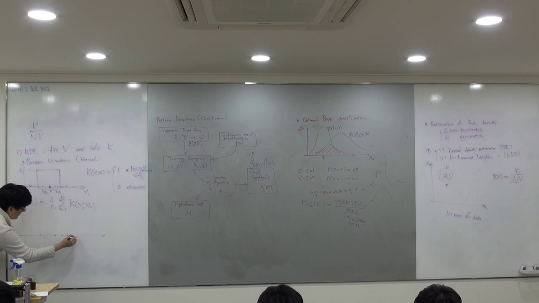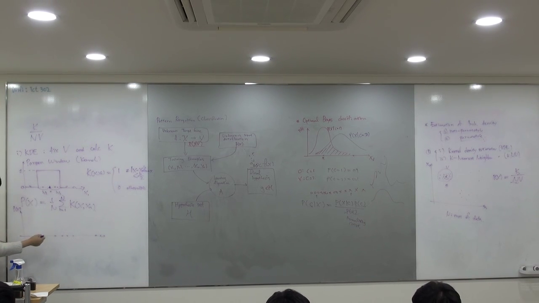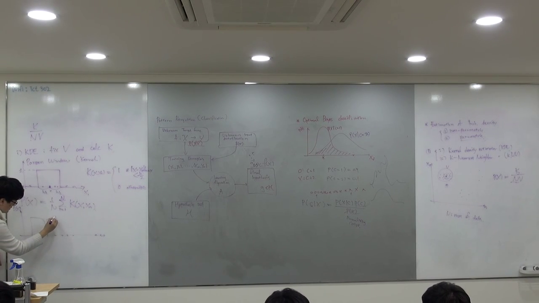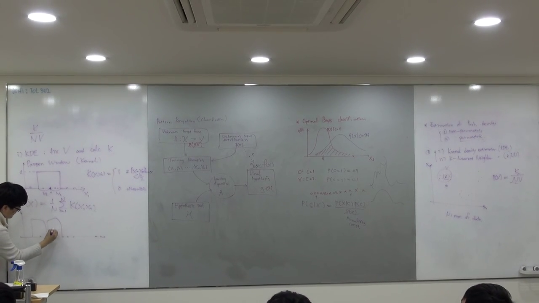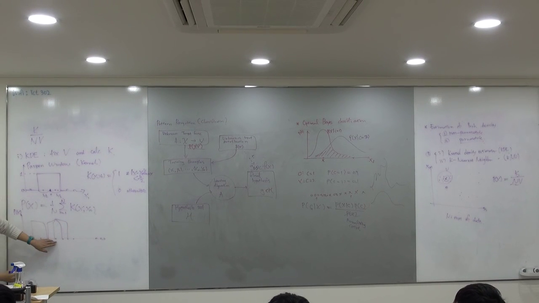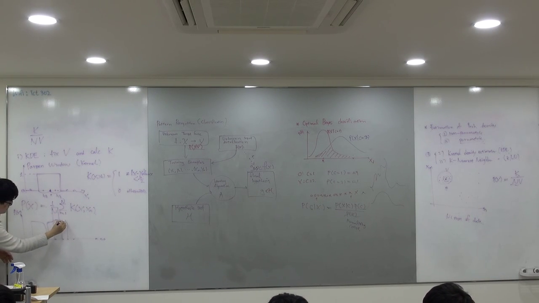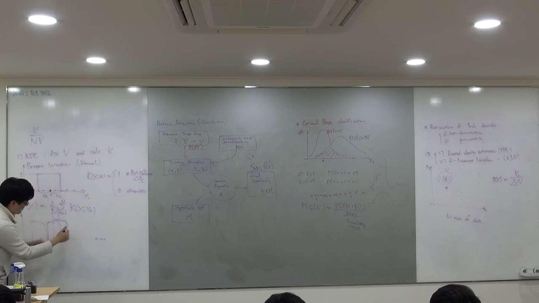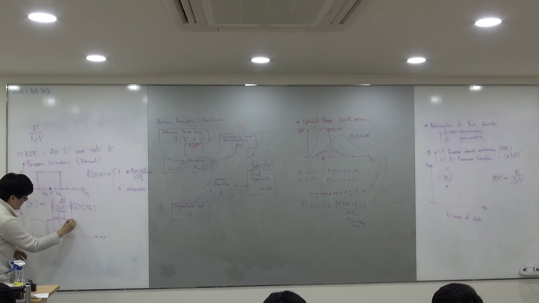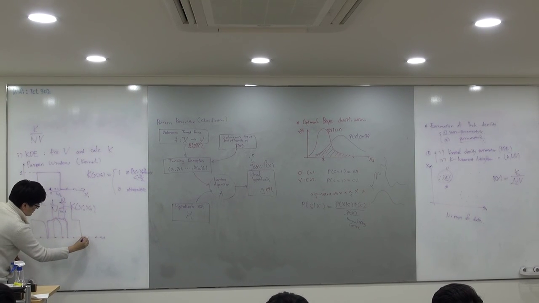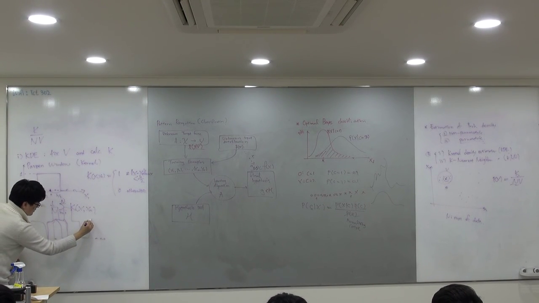So if your data is here, then you can just use this kernel to add. And as you have some overlapping windows, then your density will be like this. And there's also overlap, so the density will be like this.